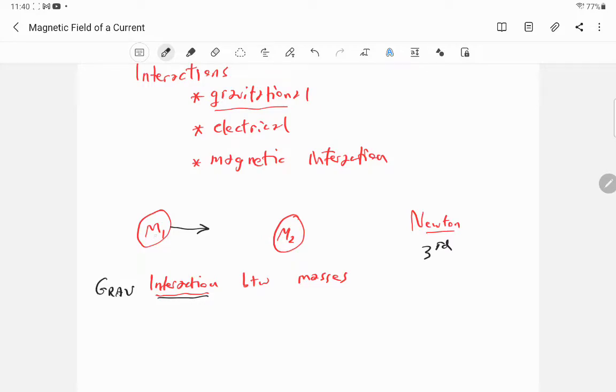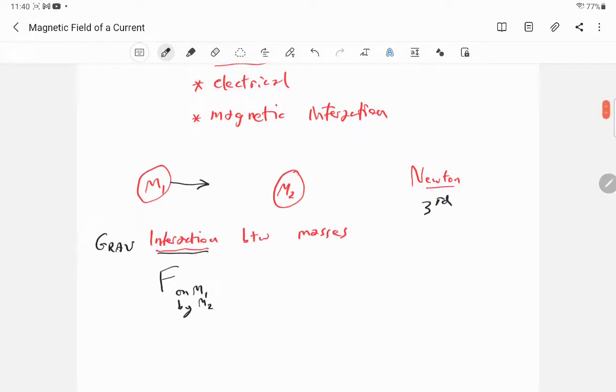You might say it's the force on M1 by M2 due to gravity, via gravitational interaction. I just drew it. Can you see that the force arrow is attached to M1? It's pulling on M1 towards the right, which is towards M2.